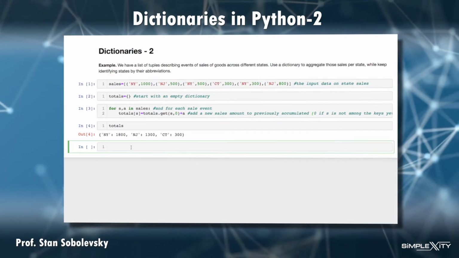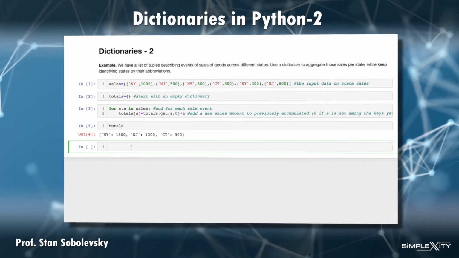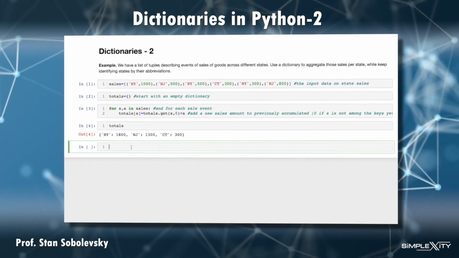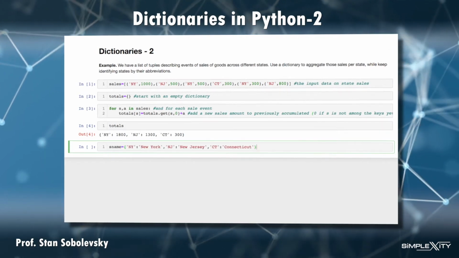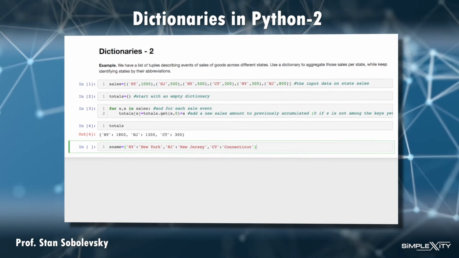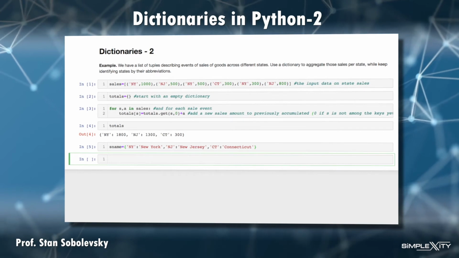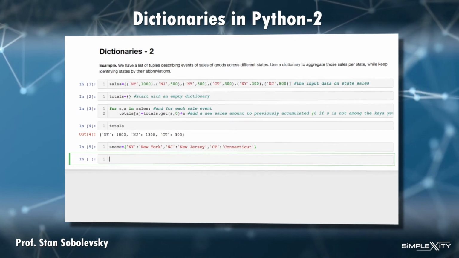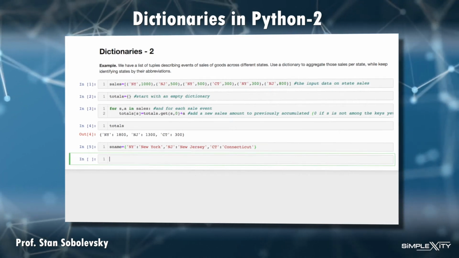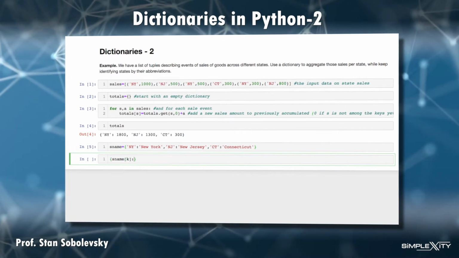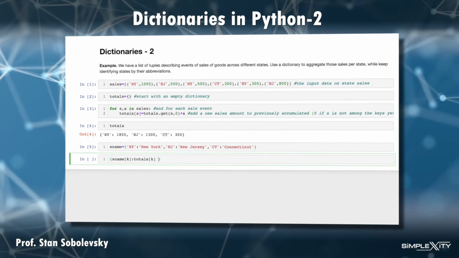And now if, let's say, we want the states to be identified by their full names rather than abbreviations, we can use our old dictionary as name, mapping abbreviations to the state names, to transform the dictionary we just created. We can do this using a syntax called dictionary comprehension, very similar to the list comprehension we learned before.